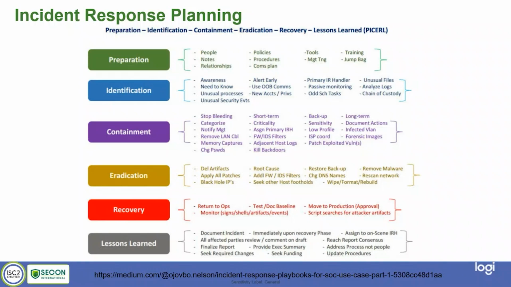In the recovery stage, affected systems are restored to normal operations, ensuring that they are clean and secure. This phase includes monitoring for any signs of weaknesses or further incidents. Finally, the team reviews the incident to understand what happened, how it was handled, and what can be improved in the future.